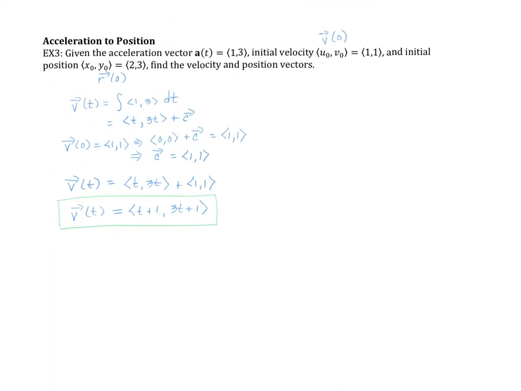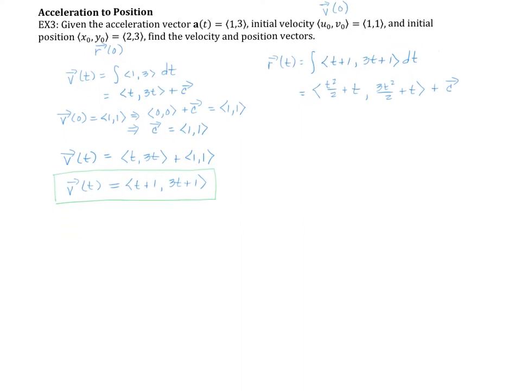So I'm going to go back up and find my r of t, which is just the integral of v of t. So that would be the vector ⟨t plus 1, 3t plus 1⟩. Again, we're integrating component-wise, so the integral of t plus 1 is t squared over 2 plus t, comma, 3t squared over 2 plus t, and then plus a constant vector.